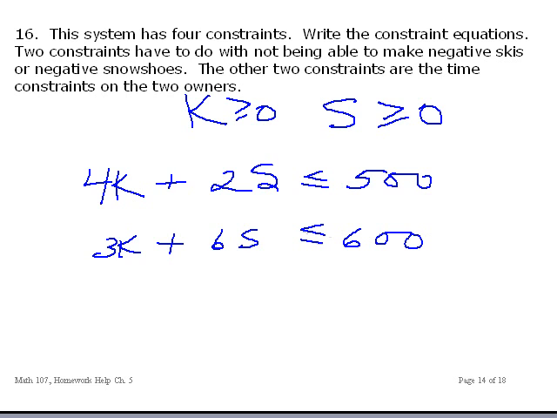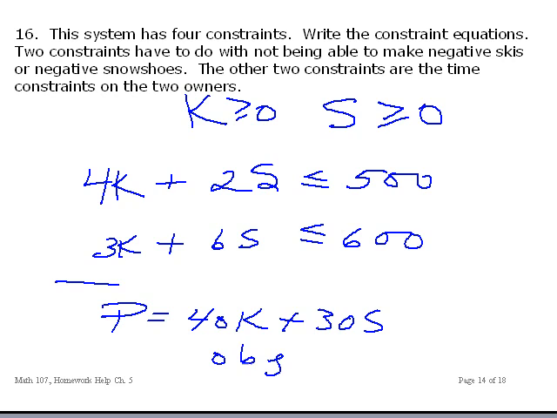So now we have a system of inequalities. I'm going to go ahead and write the objective function right here, and that's the profit: 40k plus 30s, and you want to maximize that. Usually the objective is to maximize profit, but sometimes it's to minimize cost.